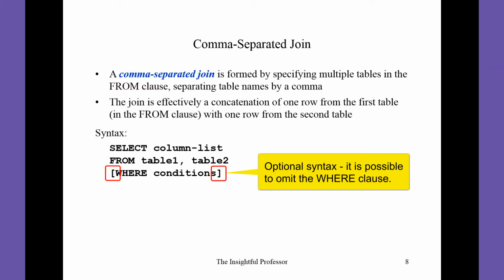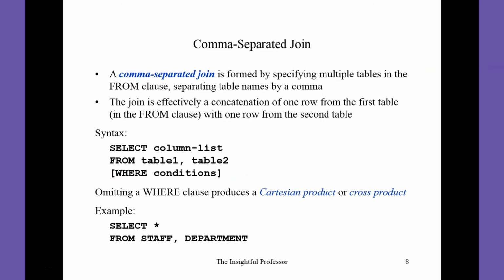Notice we mentioned here that the where clause is optional. We've enclosed it in square brackets. This is our notation to depict optional syntax. If we omit a where clause, what we get is something called a Cartesian product or a cross product.